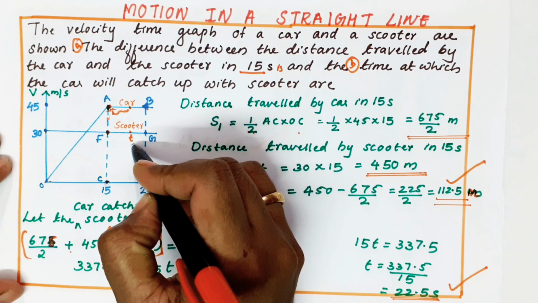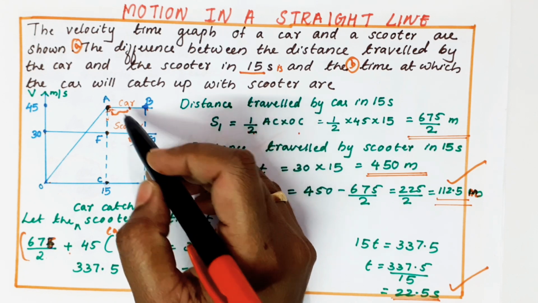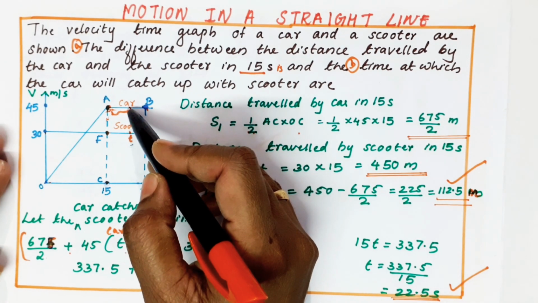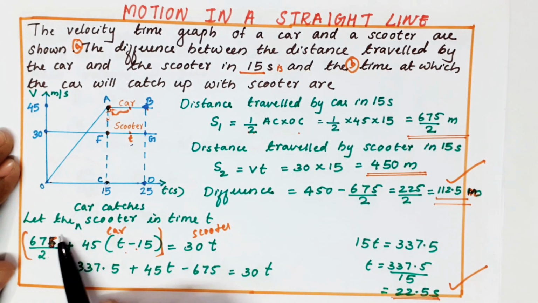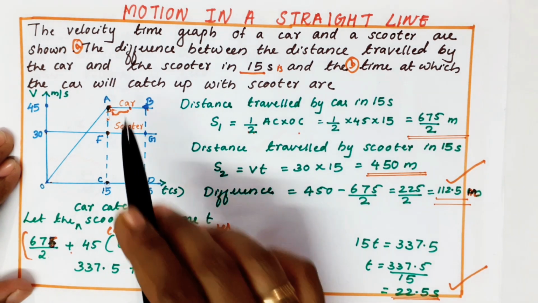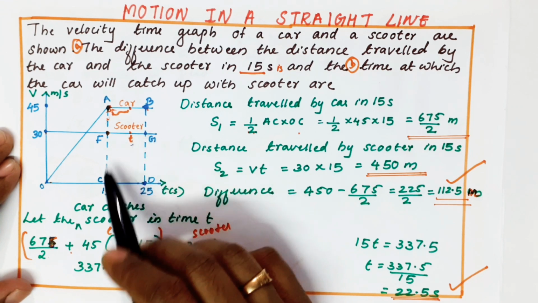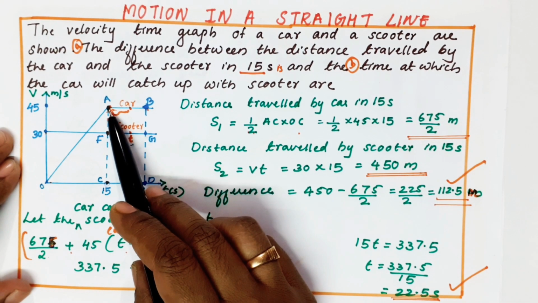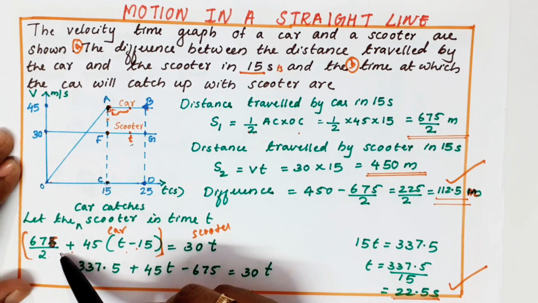After the time t, the car catches up the scooter. So I need to find what is the distance the car traveled at that time. I know up to 15 seconds the car travels a distance of 675 by 2 meter.